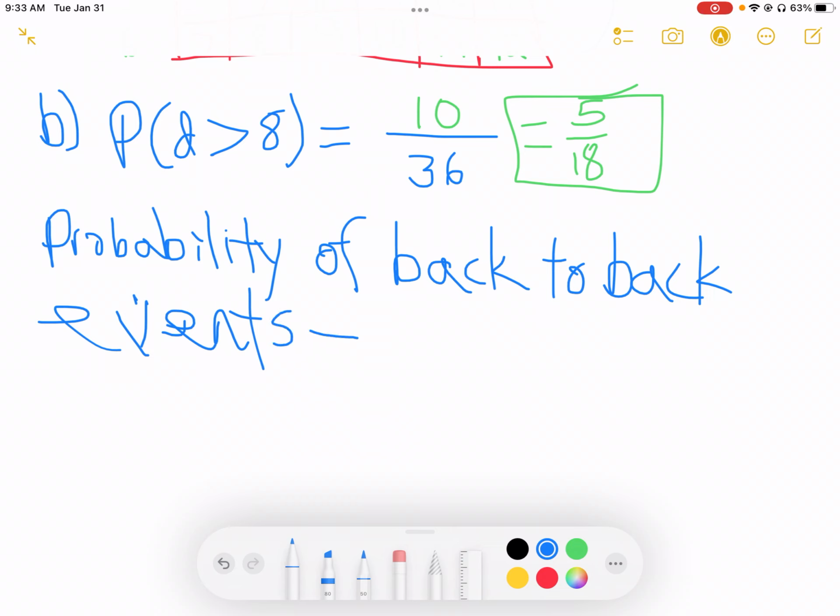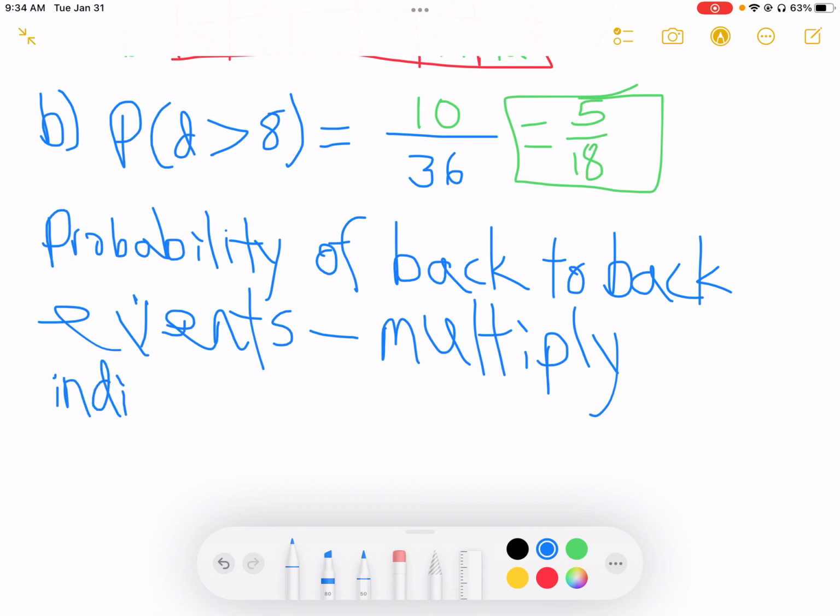Nothing really complicated going on. You just go ahead and multiply the individual probabilities.